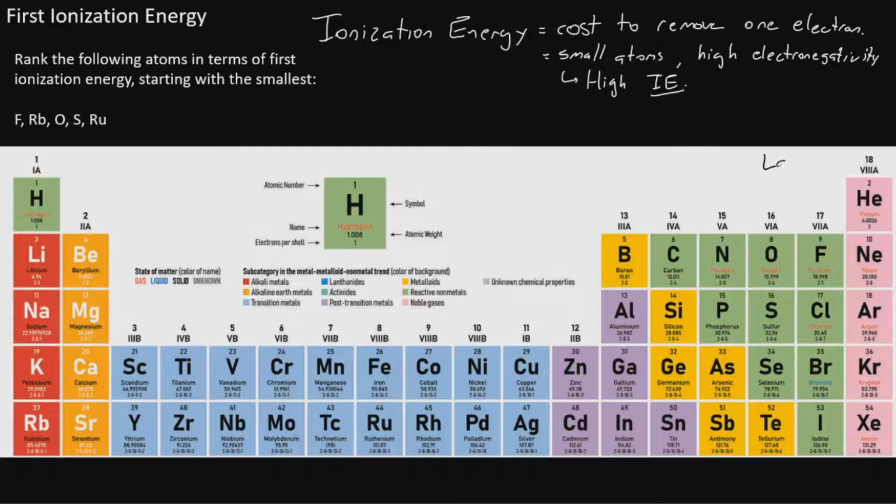These will have large ionization energies, abbreviated IE. That means that on the opposite corner in the lower left are the atoms that have low ionization energy. In general, ionization energy will increase as we go to the upper right.